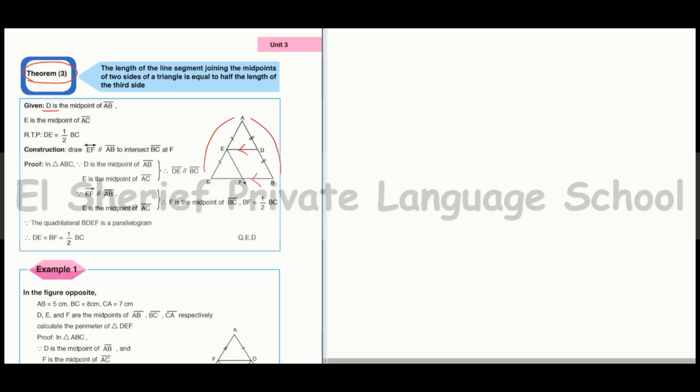Repeat. If E and D are two midpoints of AC and BC, the two sides of the triangle, therefore ED is parallel to BC, and the length of ED equals half the length of the third side BC. In other words, if BC equals 10 centimeters, so ED equals half of its length, equal to 5 centimeters.